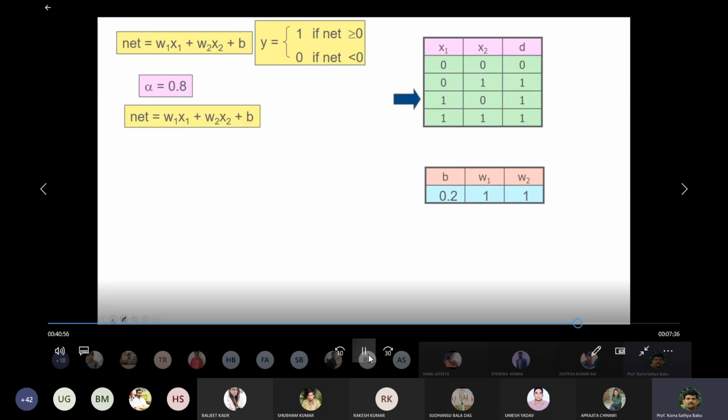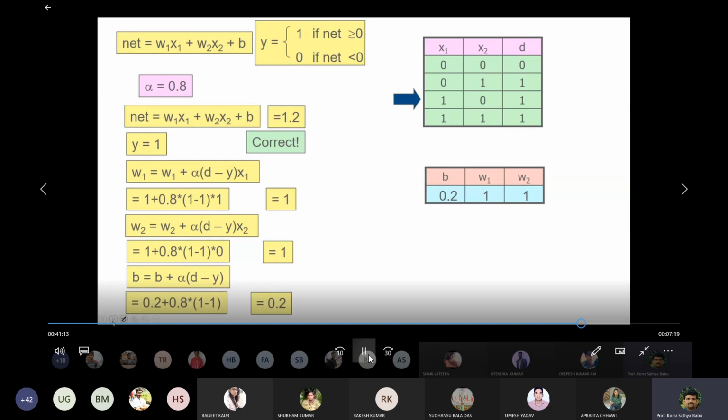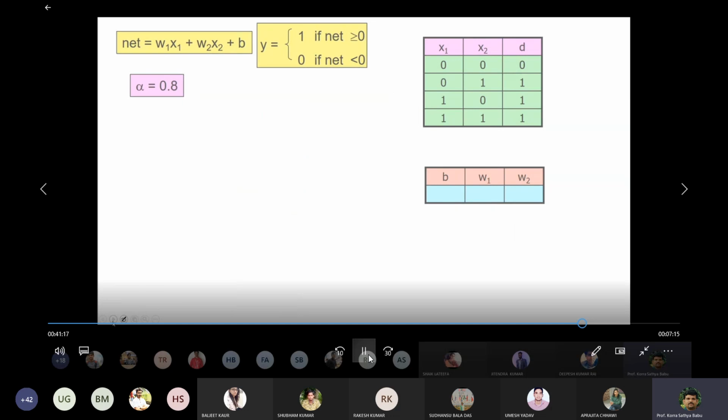Now compute the net value. For this particular row, with respect to W1 X1, it is 1.2, correct. Then you are going to get 1, and bias also you are going to put 0.2. Fine, so it remains the same.